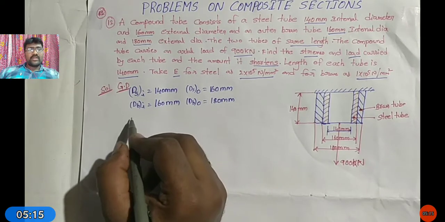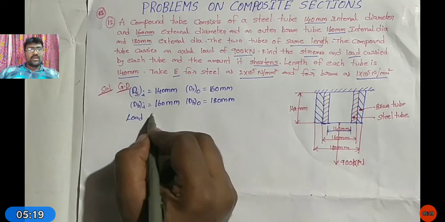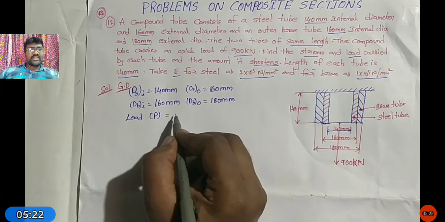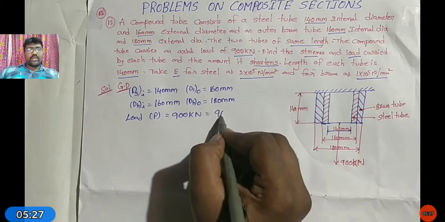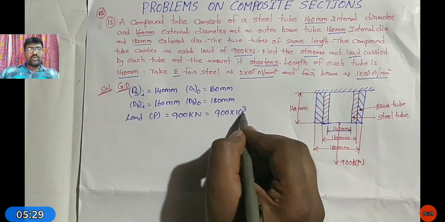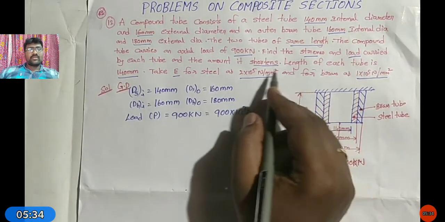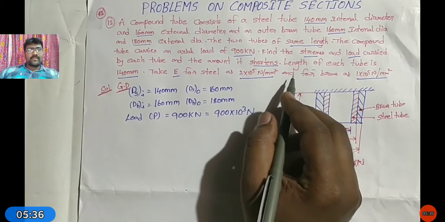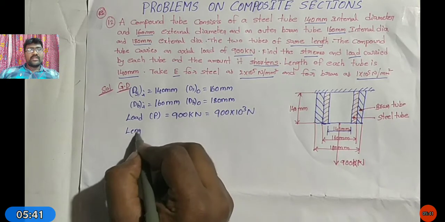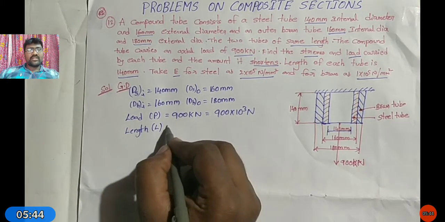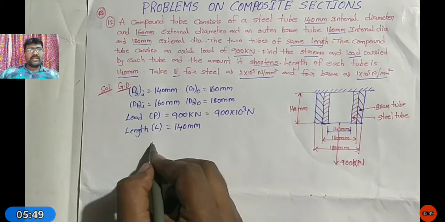Okay, next, the load carried by the composite section is 900 kilonewtons. Convert it into newtons, that is 900 into 10 cube newtons. Next, the length of the composite section equals 140 millimeters.